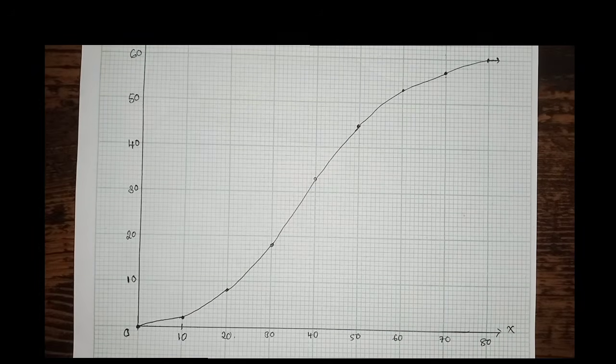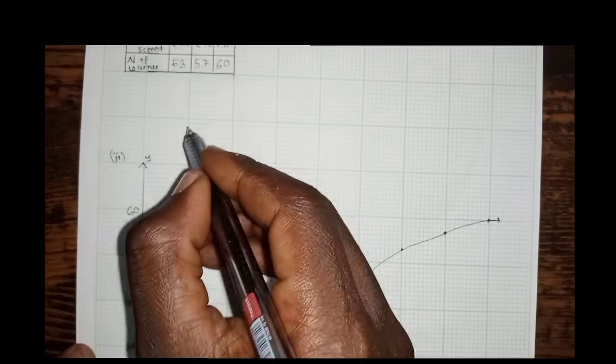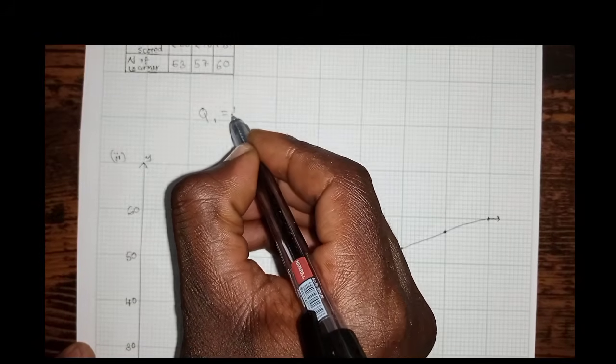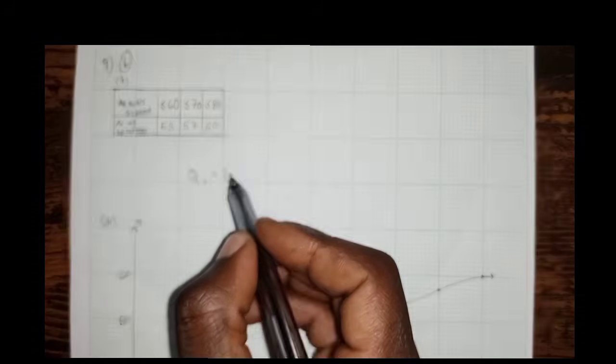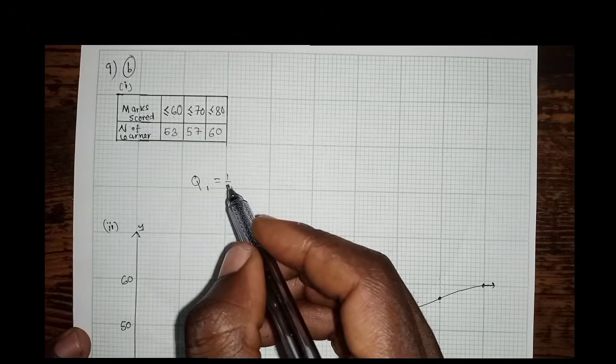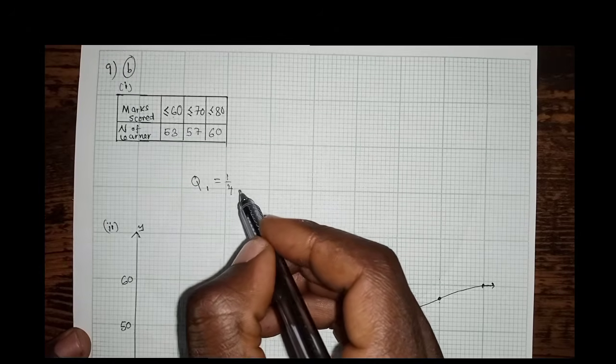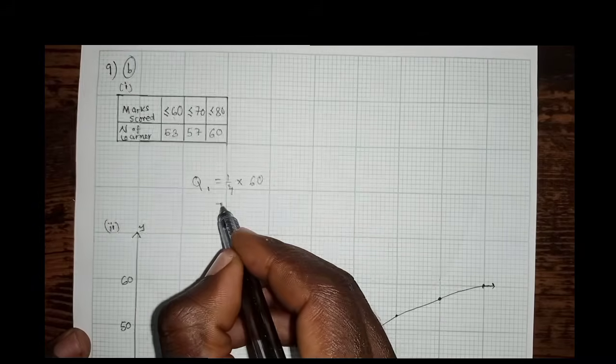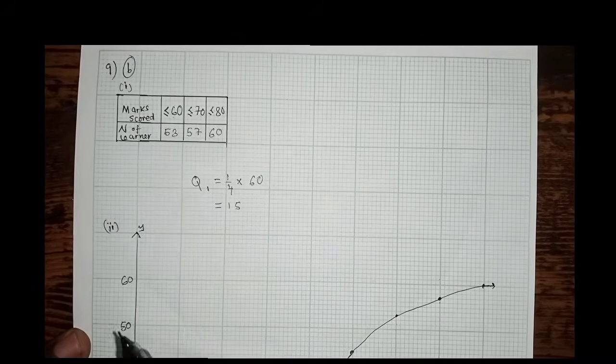So we first need to find the quartiles. How do we find the quartiles? Quartile 1, I'll just say Q1. This is the formula you need to use: 1 over 4 times the total number, which is 60, of which you find 15.